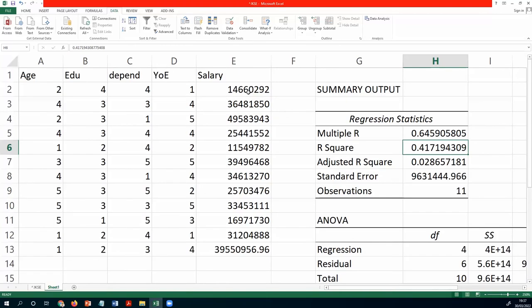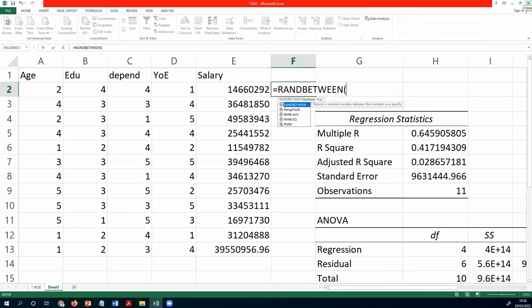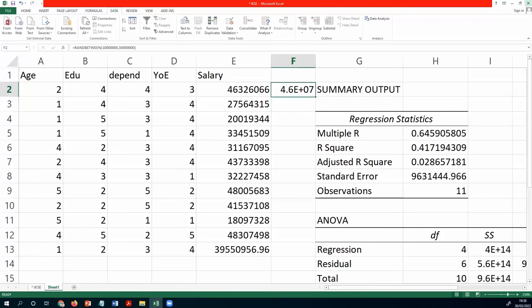Because this is the salary. If you put the model towards the data, it will tell you a different result. The accuracy is very low, something like that.